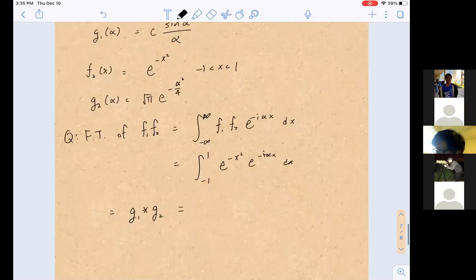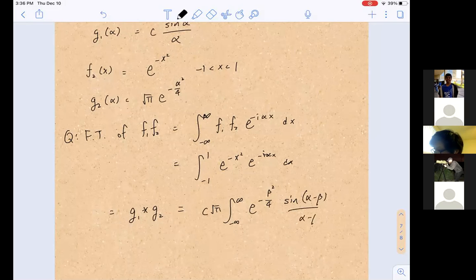So this is C square root of pi times the convolution, integral from negative infinity to infinity of e to the negative (alpha minus beta) squared over 4, times sine of beta, well, not alpha, let's say beta, some variable we're integrating over, over beta, d beta. Yeah, so in this case, this turns out not to be easy to solve either.